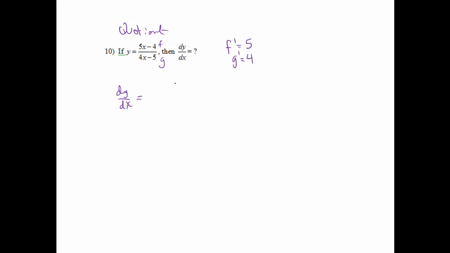Okay, and depending on who you had last trimester, I'll try to say it both ways. I like to do f prime times g, so 5 times 4x minus 5, minus f times g prime, all over g squared. And I know Mrs. Gagan did high d low minus low d high all over low squared, so that is totally fine as well. All right, and then I'm going to distribute.